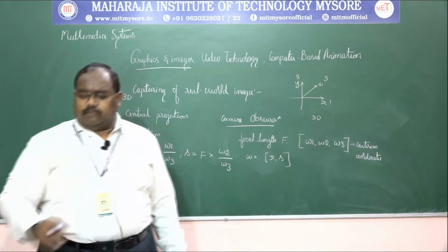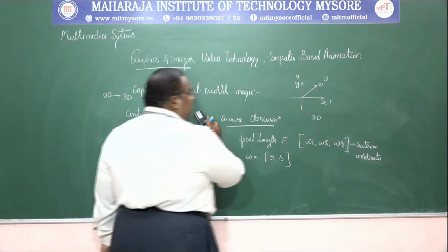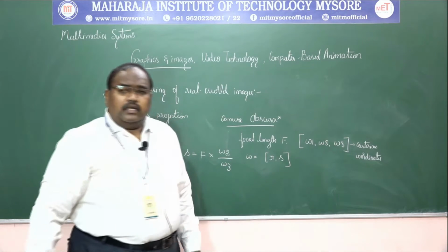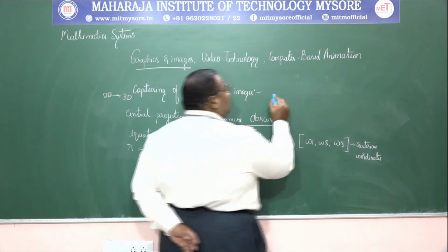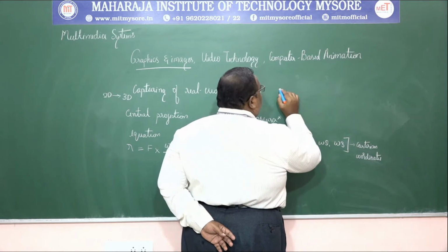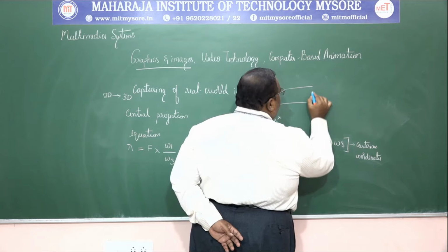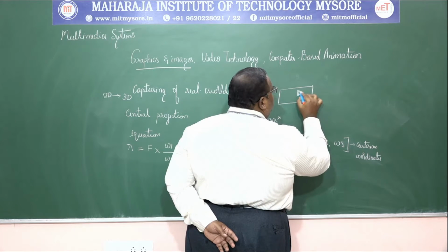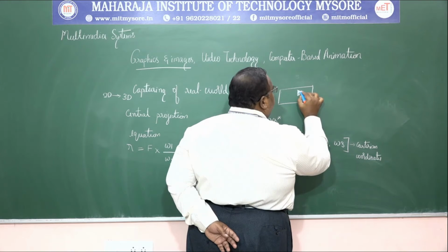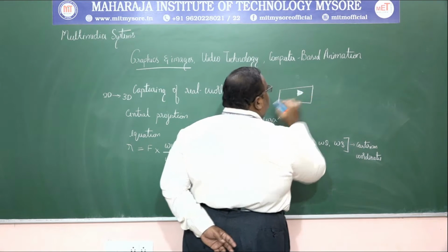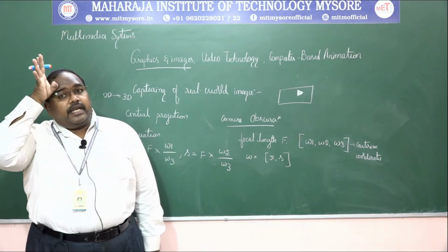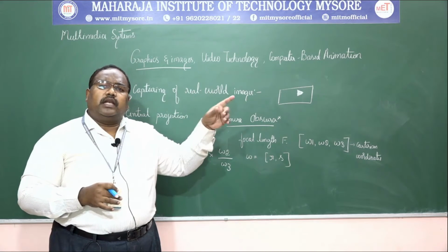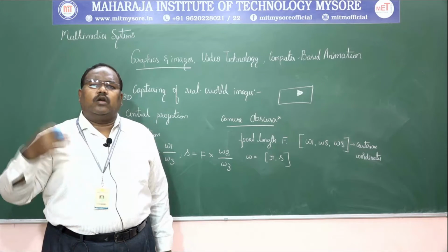Let us look into the diagram so that the explanation becomes easy. I'll draw the diagram. Now look at this. This triangle is an object, image, present in the frame. What is the main intention? I want this object to be displayed through the lens on the opposite side of the wall or a screen.